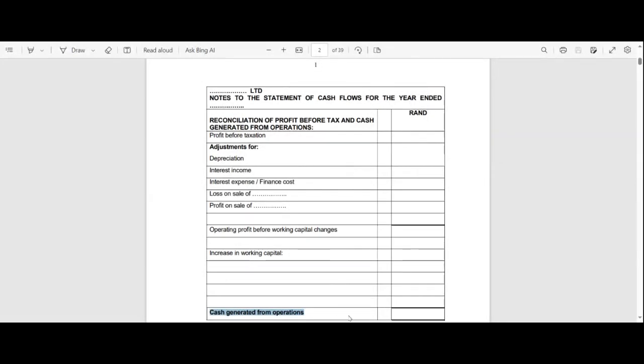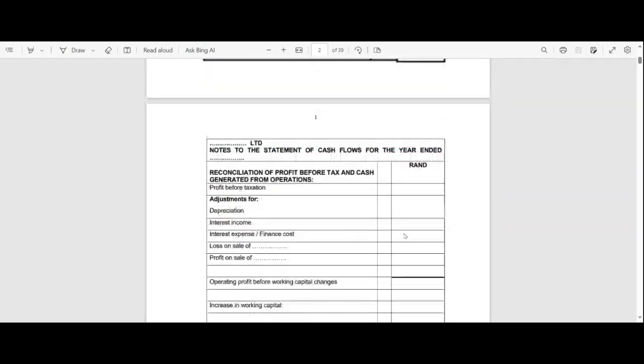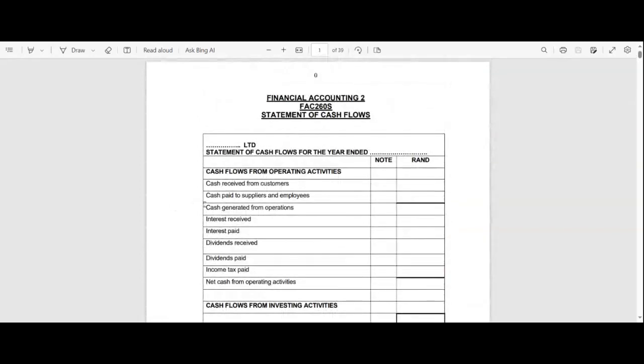So that cash generated from operations, calculated and disclosed by using the indirect method, must obviously agree with the amount that you are going to show on the face of your statement of cash flows, as also cash generated from operations, right? So that is also something that we need to be clear on.